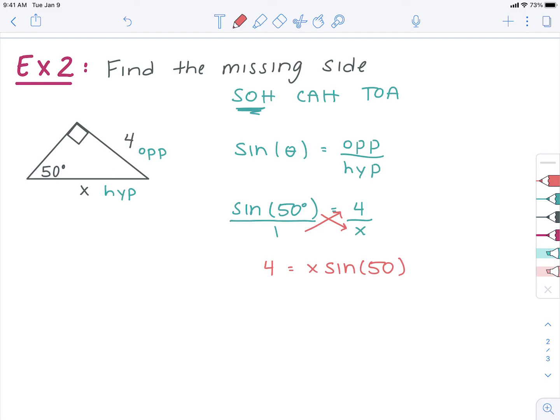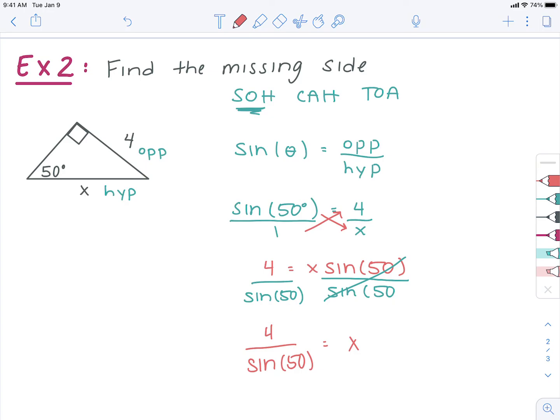And then in order to get the x by itself, I have to divide by sine of 50 on both sides. So then in my calculator, or in Desmos, I'm going to type in 4 divided by sine of 50 in order to get my answer for x.